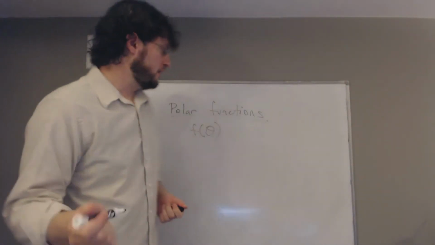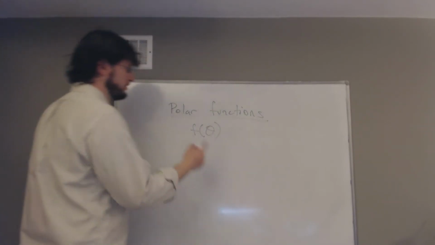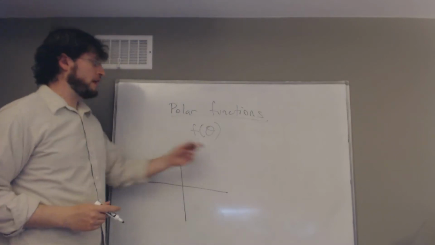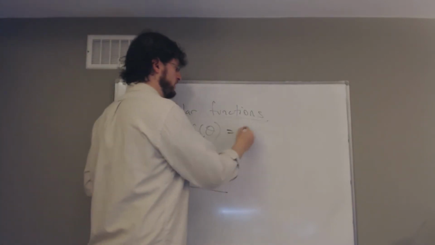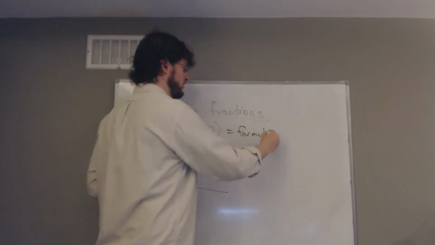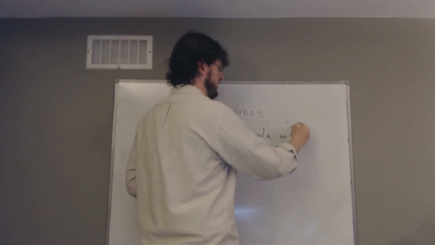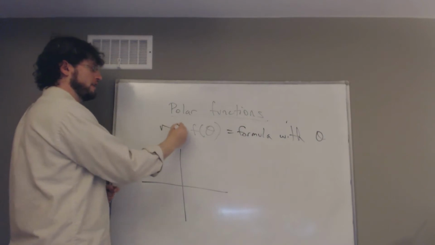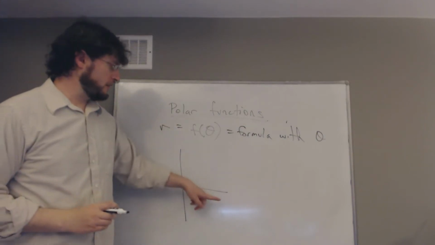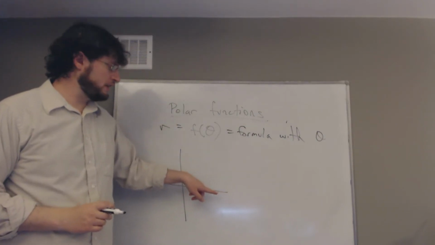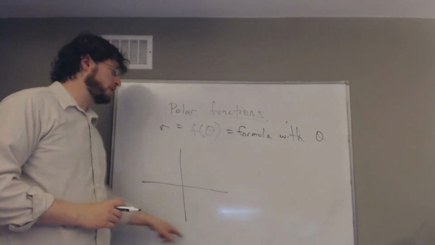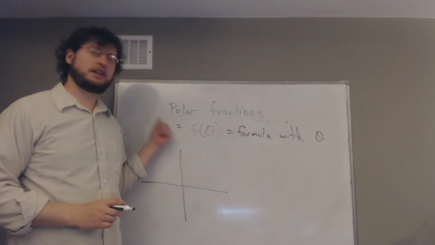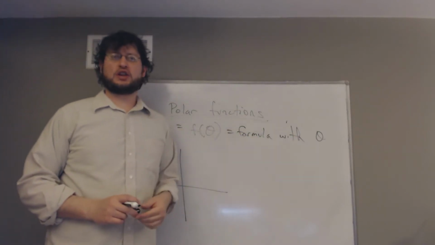And what does that mean? How are we supposed to think about this? We're supposed to think about if we vary theta. So this is some formula with thetas in it. We're thinking about f of theta as the radius. As I change theta, remember theta is moving around this circle counterclockwise, the radius is going to change.